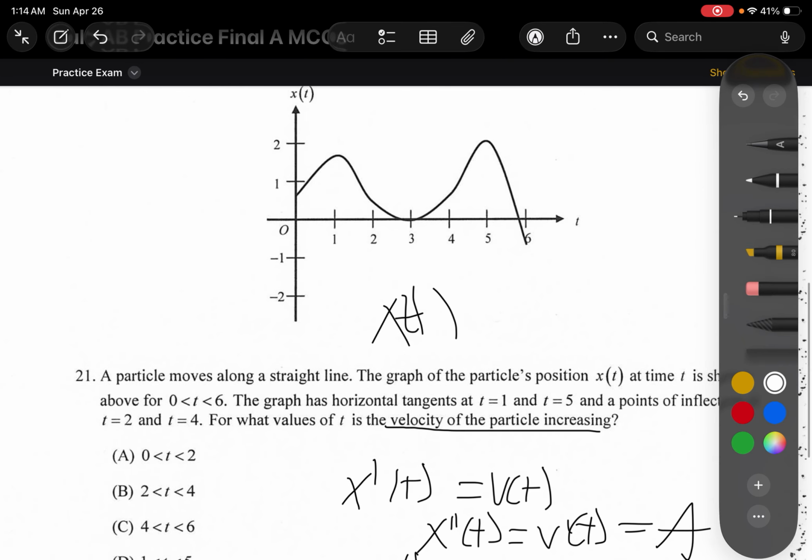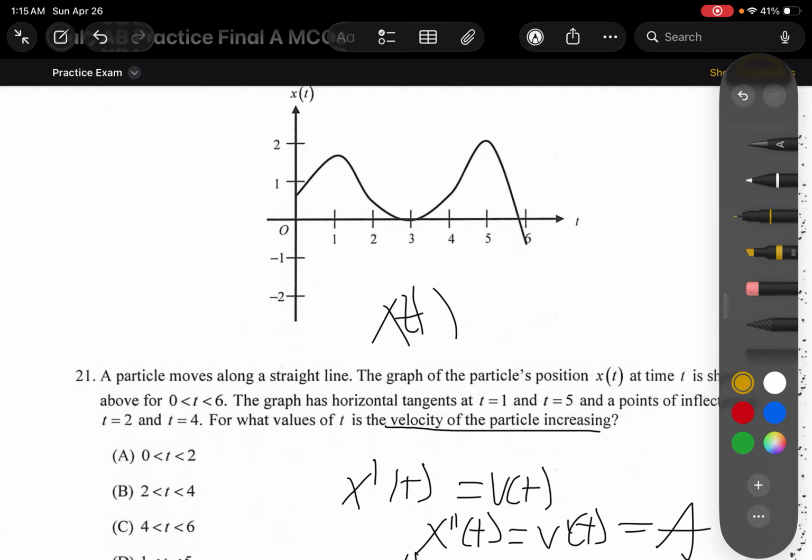So here, when is the velocity increasing? So when is x prime of t greater than 0? Basically, if you're given the original function and you're trying to find when the second derivative is greater than 0, you're going to look at its parabola-ish format.